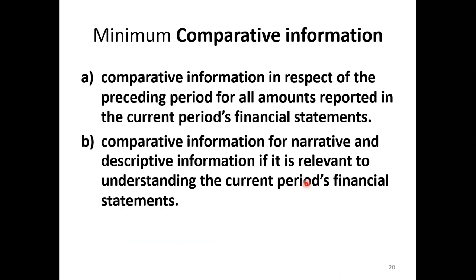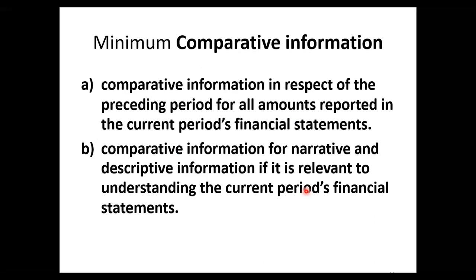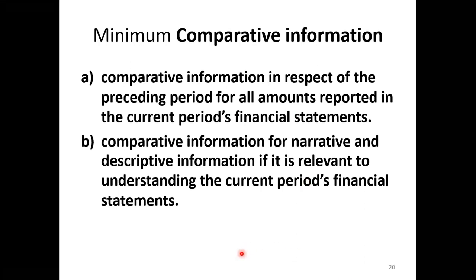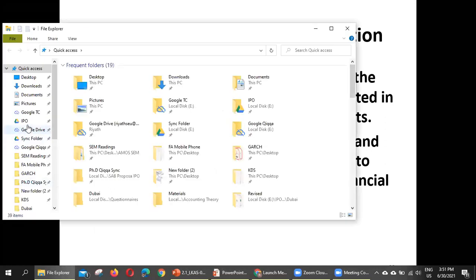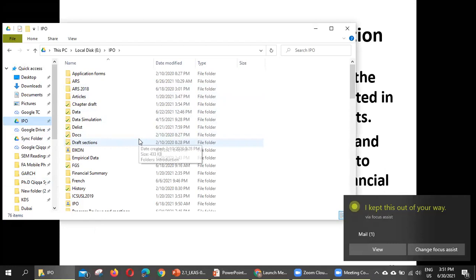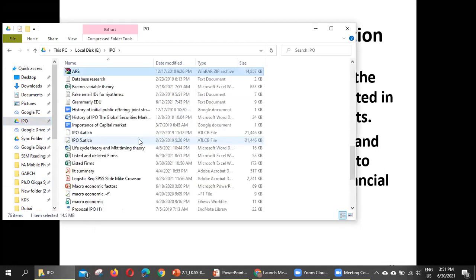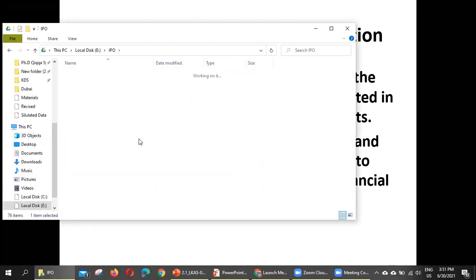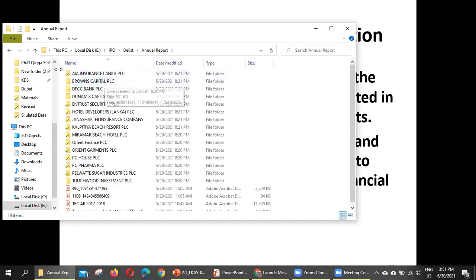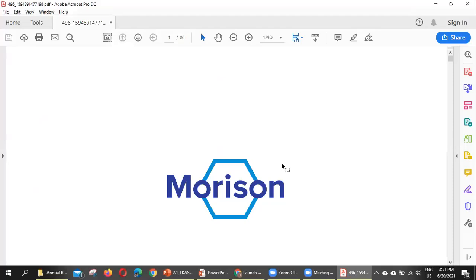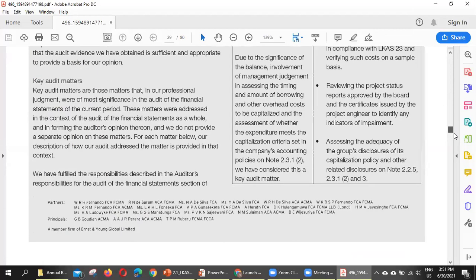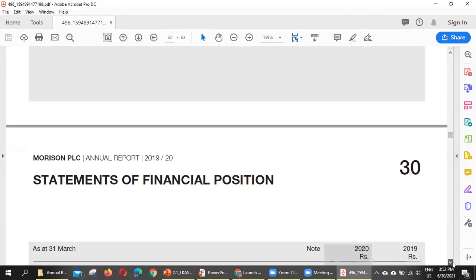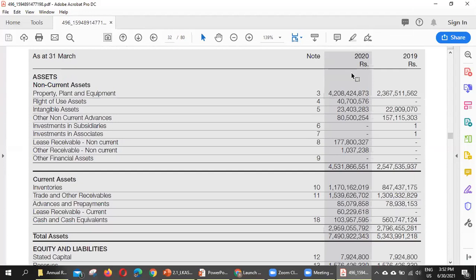When you look at the annual report of any company, you can find both. So this is the 2020 year's financial statement.